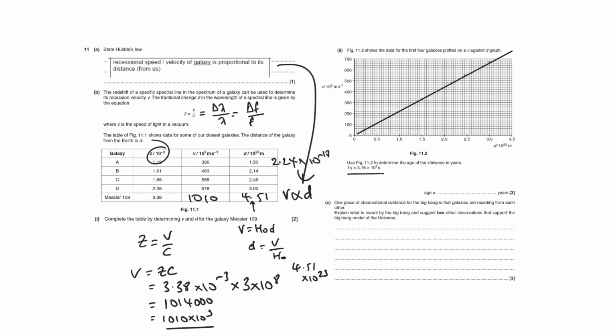And then once you've got your line, you can then work out the gradient from it. So as normal, you would need to draw your triangle as large as possible, like so. So we've got 3.1 by the looks of it.